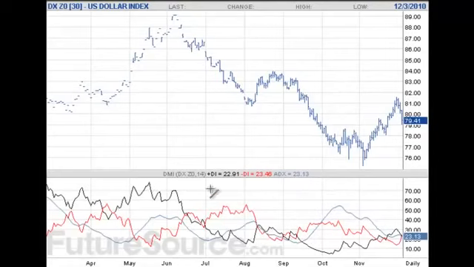Now the whole indicator is called the DMI, but I only pay attention to the ADX portion, and here's why. For my trading anyway, when the positive DI line, this black line here, is on top of the red line, it's saying that we're in a bull market.